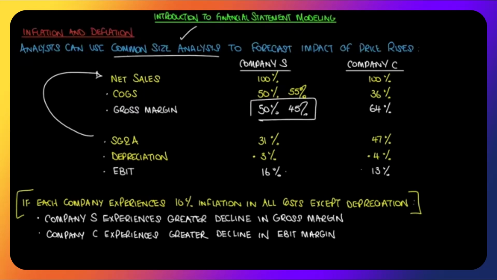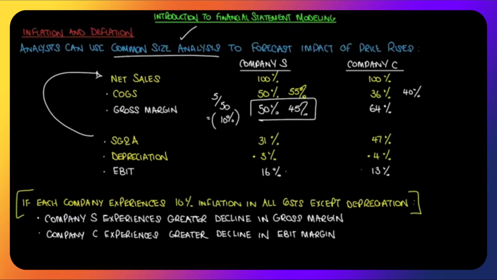We can then calculate how far that dropped. Well, 5% drop on a starting point of 50. That is a 10% decrease in its gross margin. Company C, COGS will go from 36, so it's going to increase by about 3.6, about 4. So let's say it goes up to 40%.